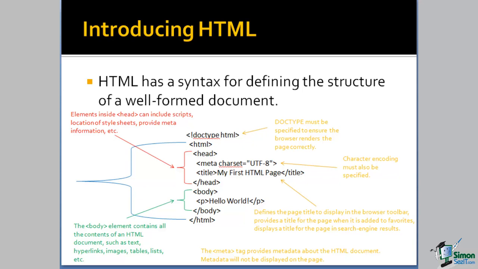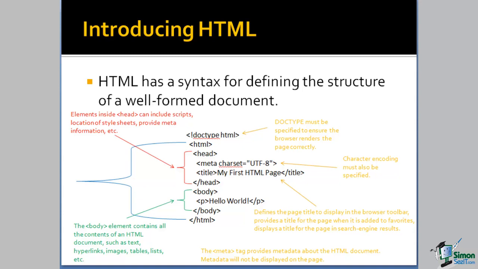So in this example, in this minimal HTML document, we have the doc type, which is identifying this file as an HTML file for the browser. We have our HTML open and close tags, which define a section containing all of our HTML code.